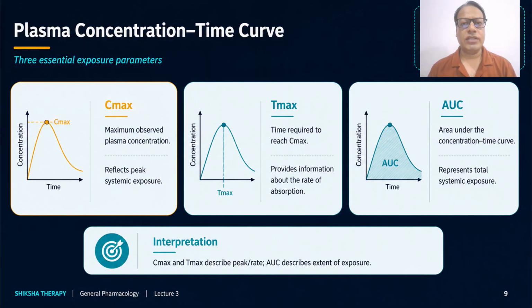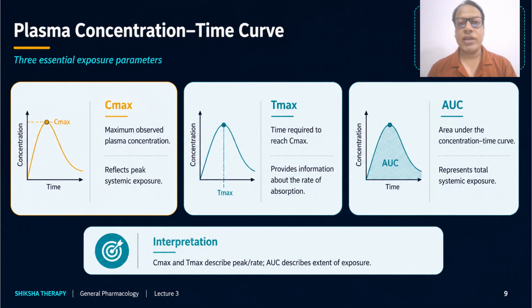So, plasma concentration time curve. The plasma concentration time curve helps us understand drug exposure in the body. Three important parameters are shown here: Cmax, Tmax and AUC. Cmax is the maximum observed plasma concentration of the drug.